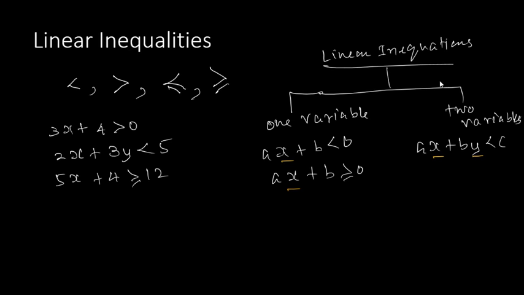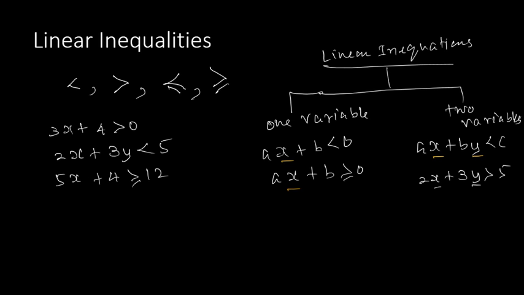Similarly, you can have 2x plus 3y is greater than 5. So here x and y, once again they are the double variable linear inequalities. So these are some examples of linear inequalities.